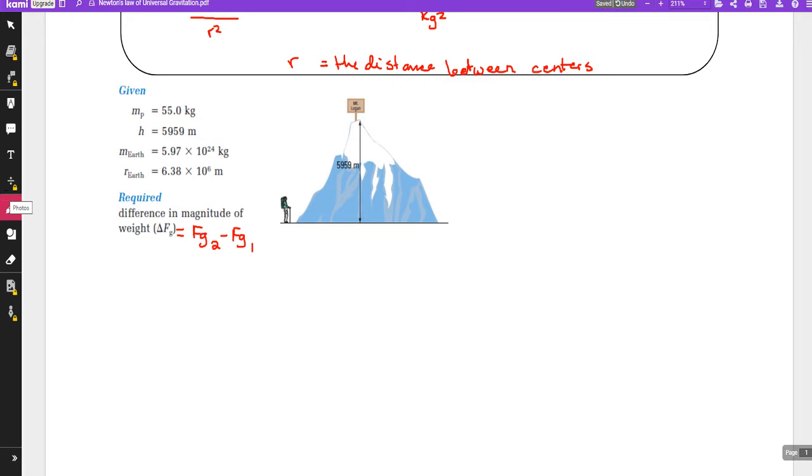So the base of the mountain in relation to the Earth, so the r of the Earth, is 6.38 times 10 to the 6, forgot my 8, meters.